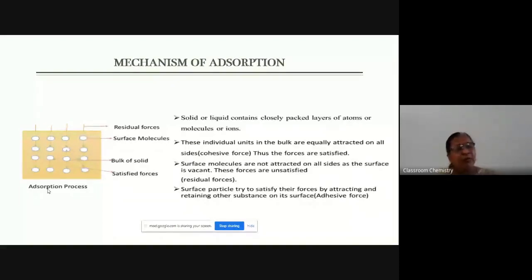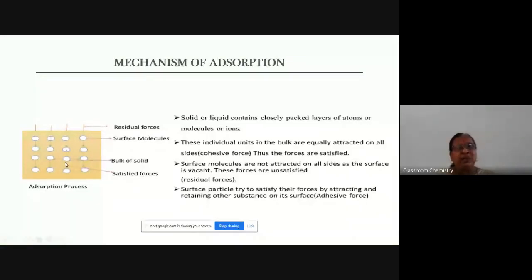And all of you know that there exists the force of attraction between these similar molecules also, that is the cohesive force. आणि हा cohesive force सर्व बाजूंनी सारखाच आहे.